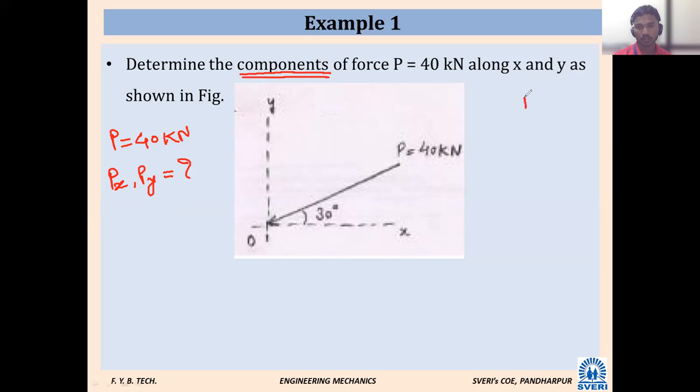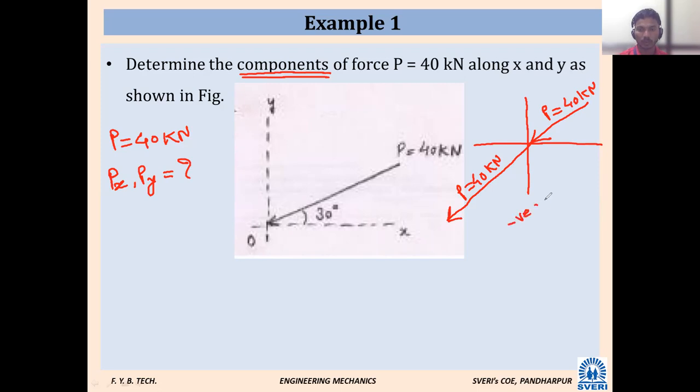For those who are still not able to understand, I will show quickly. If I draw, this force passes from here. In the initial phase you may feel this force is in the first quadrant, but finally this force P equal to 40 kilonewton goes in the third quadrant, towards the negative y-axis and the negative x-axis.